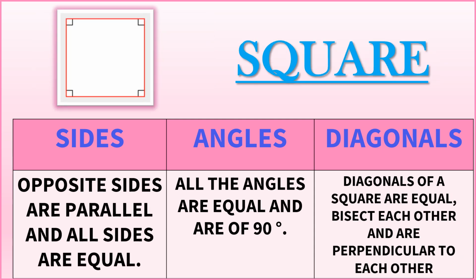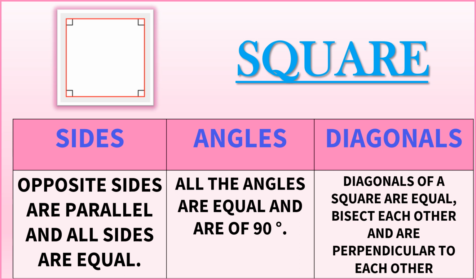Whereas if we look at a square, then a square also has four sides and the opposite sides are parallel and all the sides are equal. In a rectangle the opposite sides are equal, but in a square the opposite sides are parallel and all the sides are equal. And angles, all the angles are equal and they are of 90 degrees.